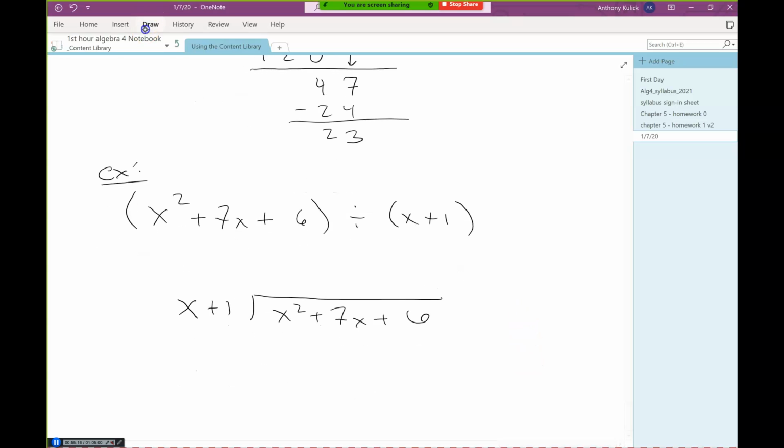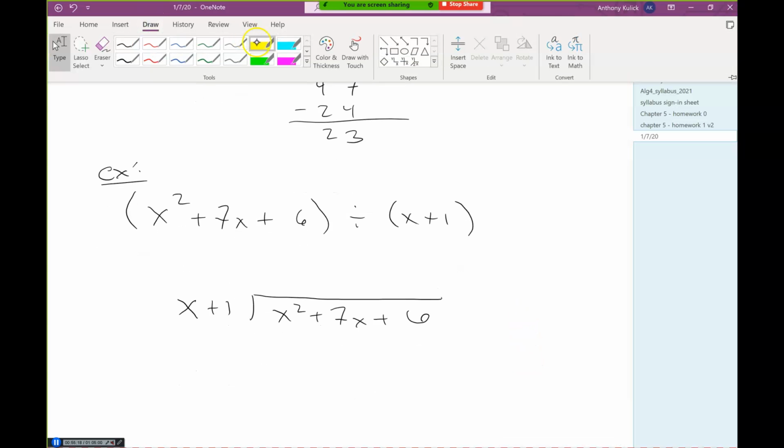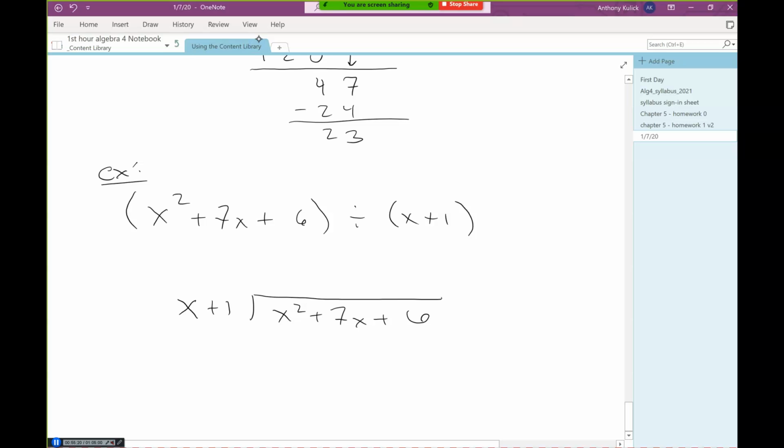Now, one way that this polynomial division works a little bit differently than the long division that we did with numbers is that when we do our polynomial division, all we care about is the first terms. So all I care about is how many times does x go into x squared?